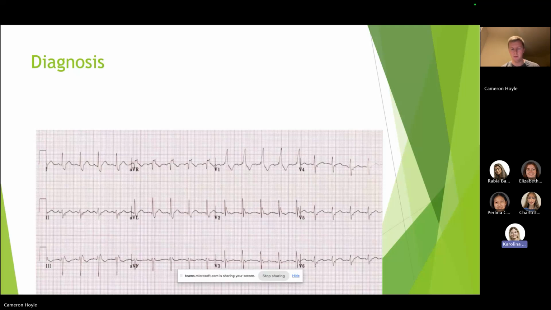Charlotte's typing something, so I'll give it another minute. Yep. She said it looks like Brugada in V1, but she thinks she's overthinking it. I think you probably are overthinking.